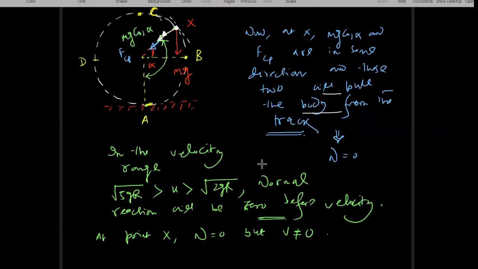No, root GR is the velocity at the top point. Root 5 GR is the velocity here at point A. Root GR is the velocity at point C. Oh, okay, sir.